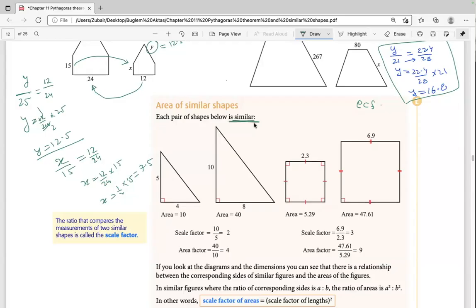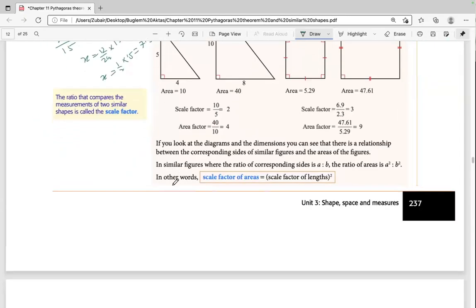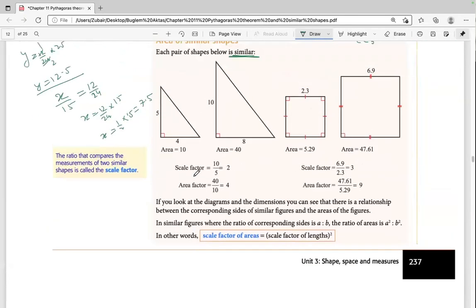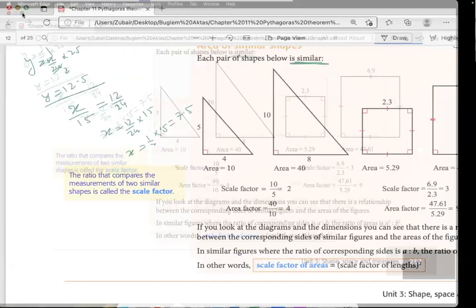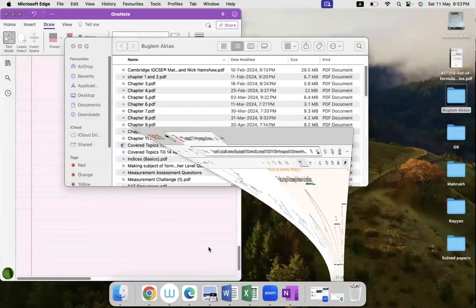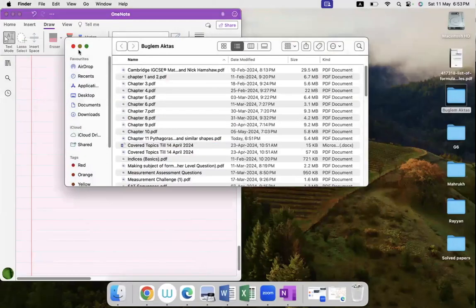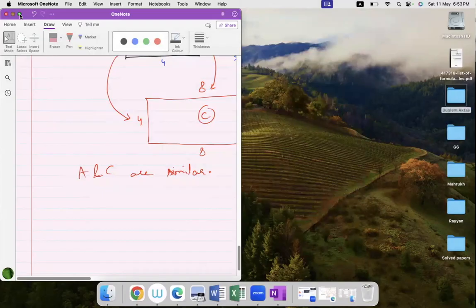So definitely in exam and during these practice questions, some of the sides would be missing. Sides would be missing and we'll use the smaller triangle to find the area of the larger triangle or vice versa. Now let me show you the difference of knowing that they are similar and how we find area of similar shapes.